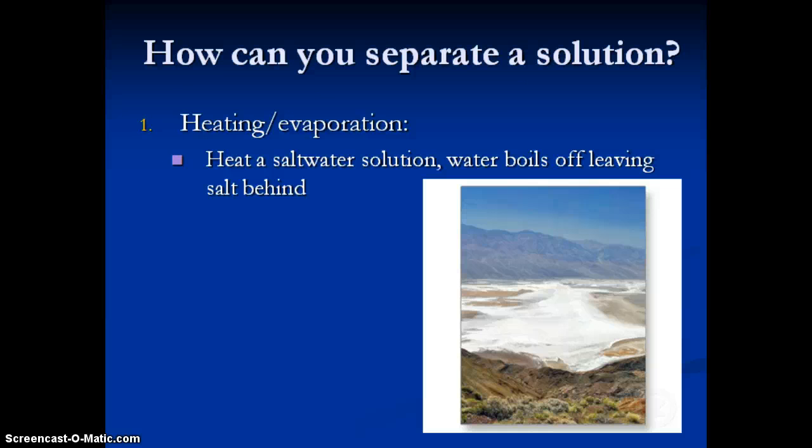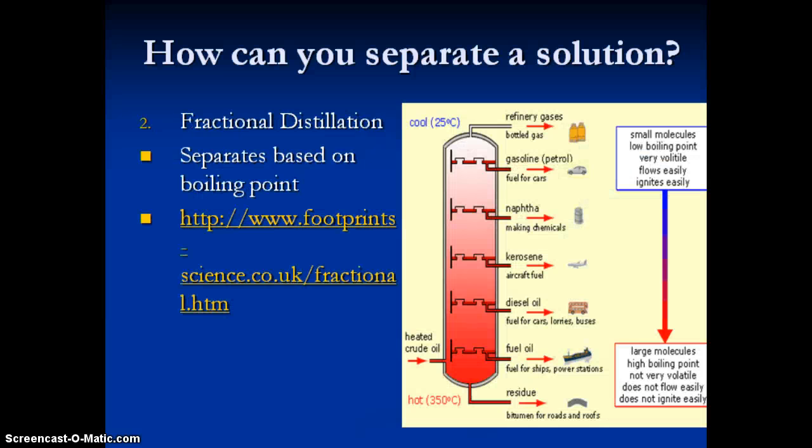Water is much less dense, so it is going to evaporate or boil off, and it leaves the heavier solutes behind. An example can be seen in Death Valley, California, where there are huge salt flats where the very, very dry air has evaporated and the salts are left behind. It's a really beautiful place.